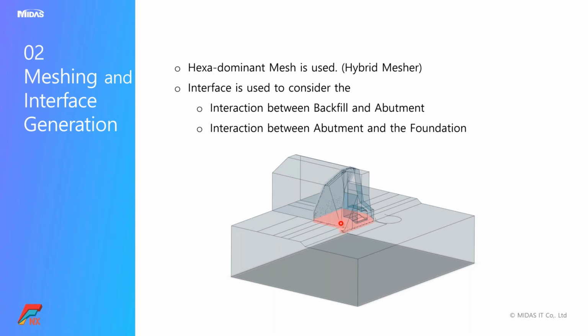And to create this kind of interface, you have various options. Let's say you want to create the interface which will not transfer any tensile forces coming from the foundation to the abutment. So we have an option called full Coulomb friction, which we will be modeling now. So let's go back to the software, and then I will model the interface for you.